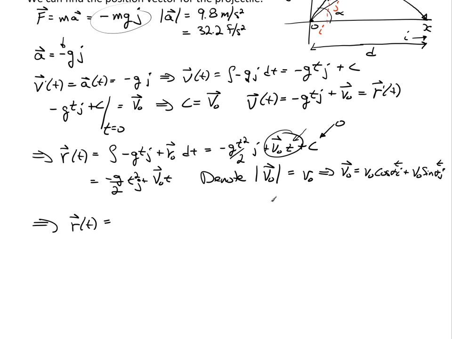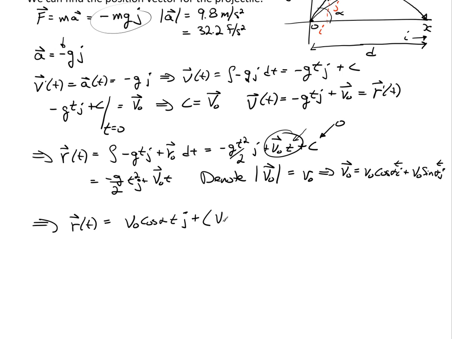Okay, so that gives me my position vector as being v naught cosine of alpha times t i. This gives me my horizontal component, plus, if I take a look at my vertical component, those are the j's.